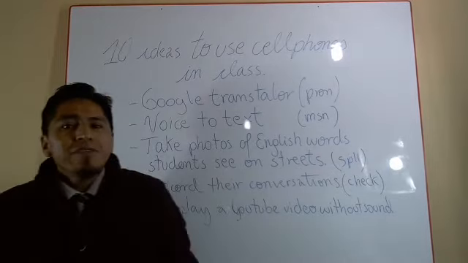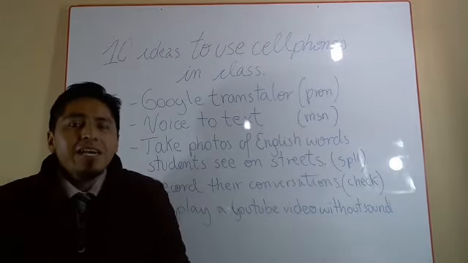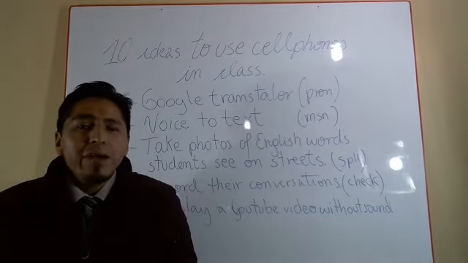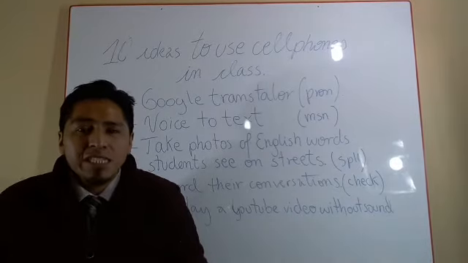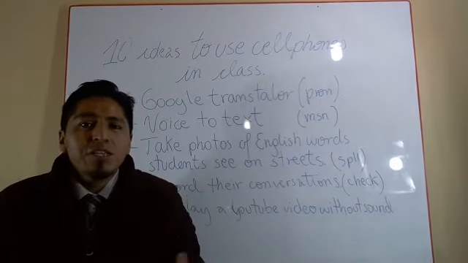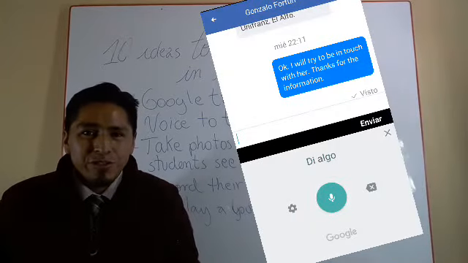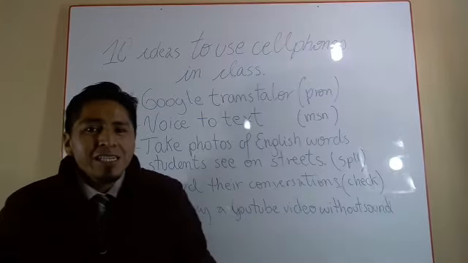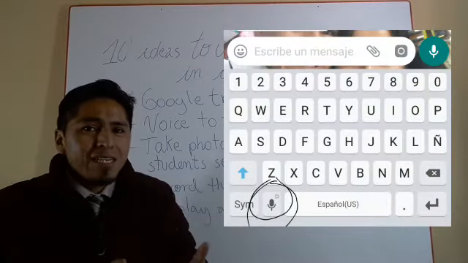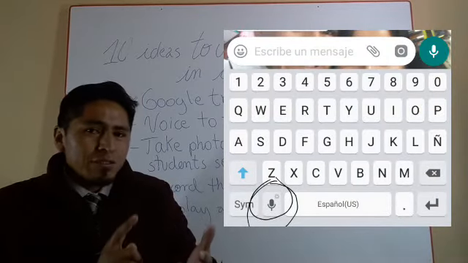Okay, and what is the voice to text? You go into a messaging app, any kind of message, multimedia or WhatsApp or notes on your cell phone, and you just press the microphone.